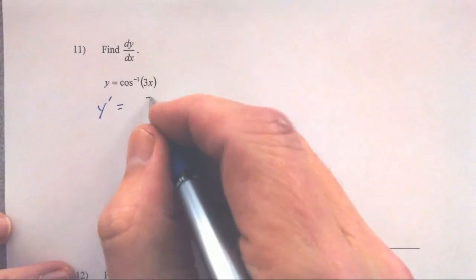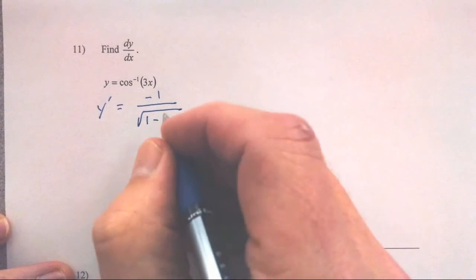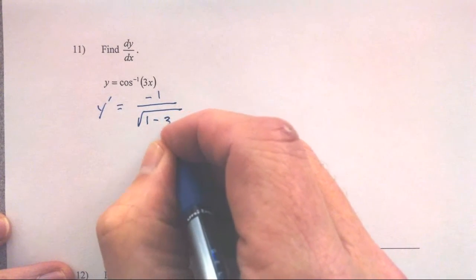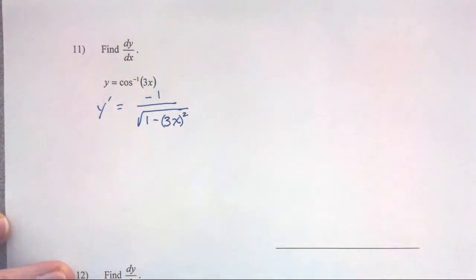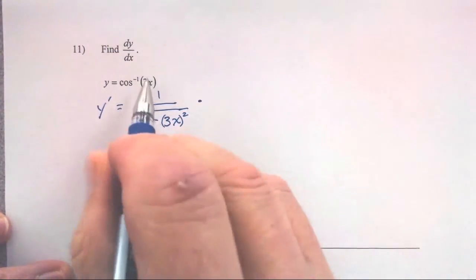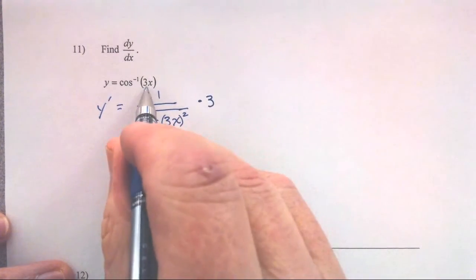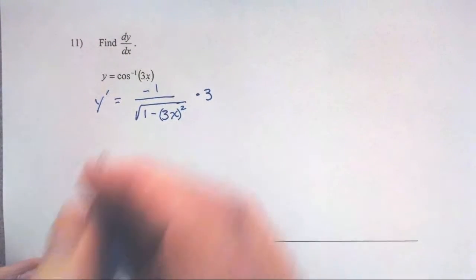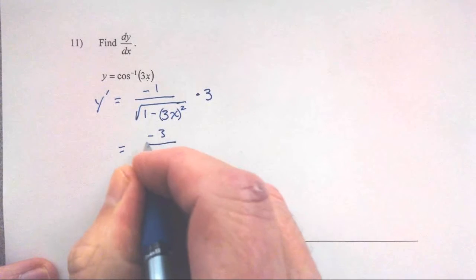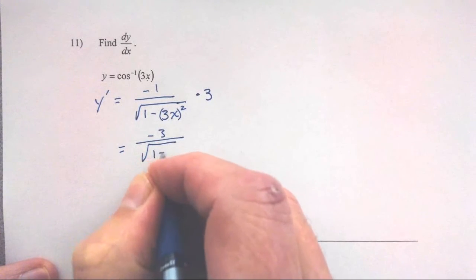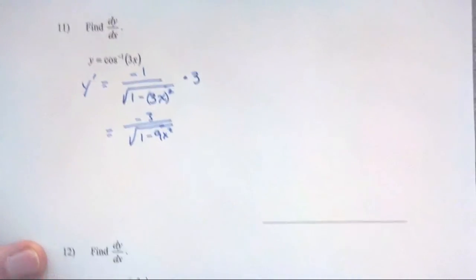So it wants to be negative 1 on the square root of 1 minus the entire argument squared. Man, it's really easy to go 3x squared, but it's the entire argument squared. Then times the inside derivative, I'm going to go ahead and put it out here this time, times 3x's derivative, 3. So I get negative 3 on the square root of 1 minus 9x squared. Any simplifying there? Oh, we're in luck.